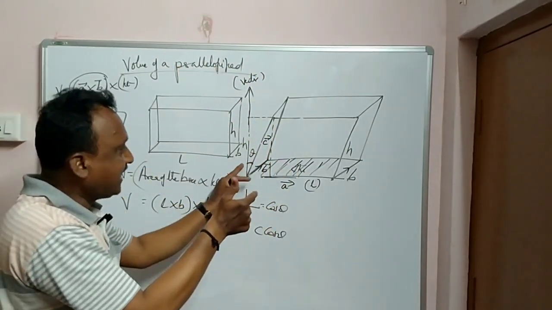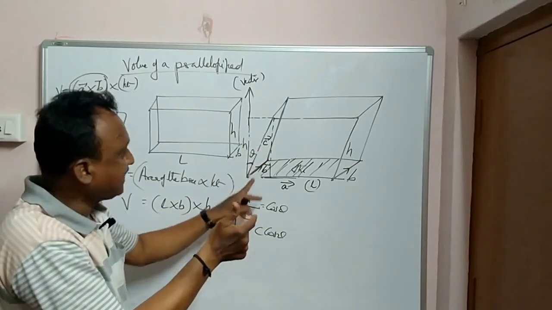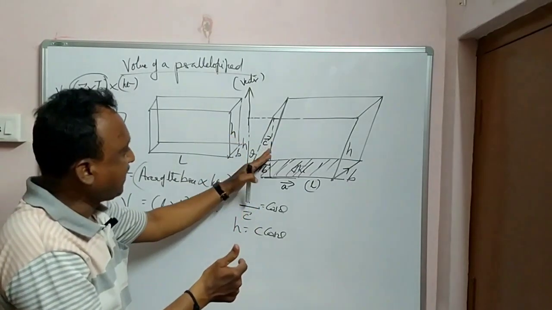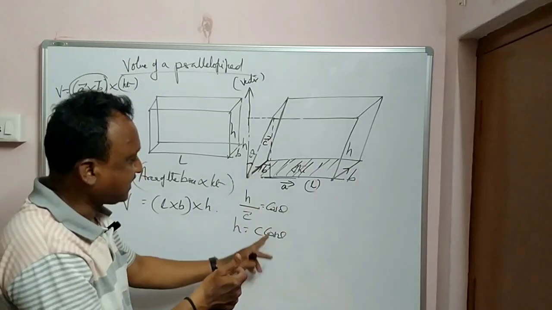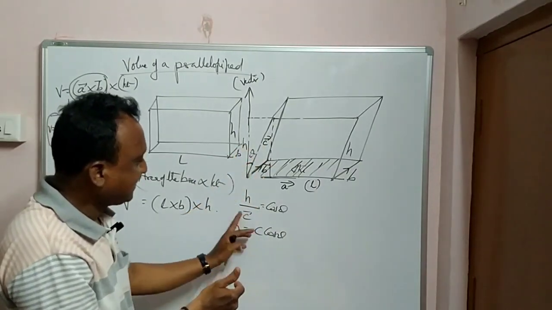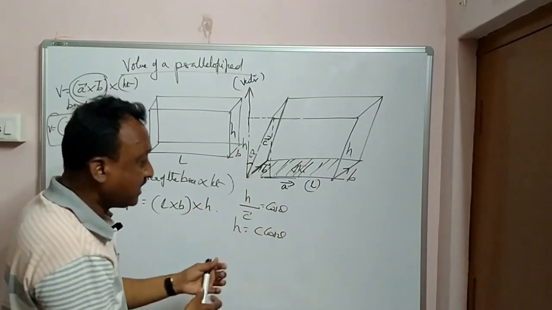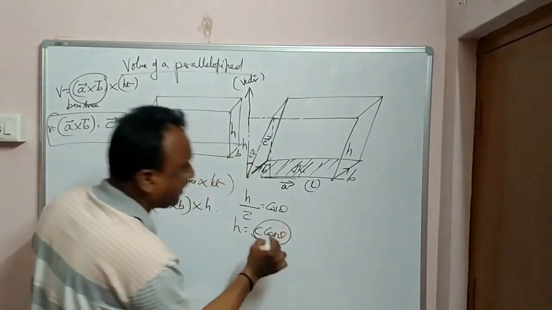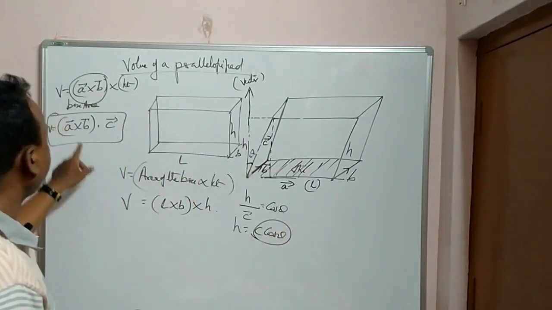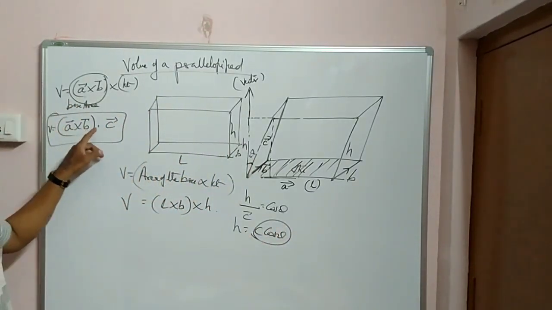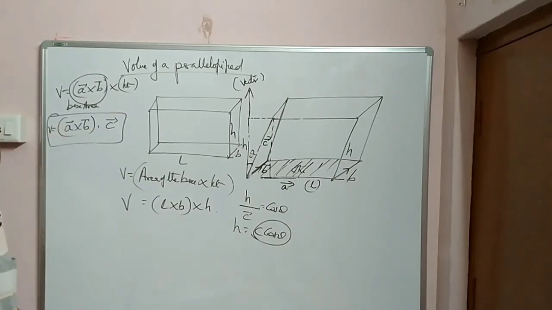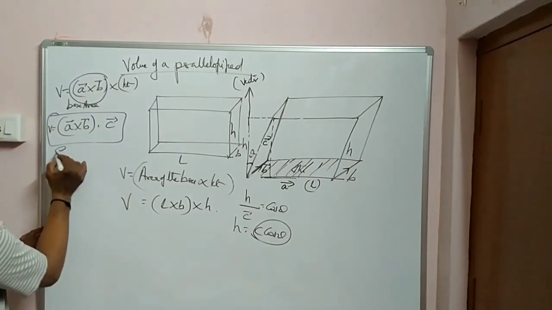So how to get this height? Adjacent by hypotenuse, cos theta, so H by C is equal to cos theta, or H is equal to C cos theta. But C cos theta is nothing but the dot product of two vectors. Therefore, A cross B dot C. This is also called the scalar triple product.